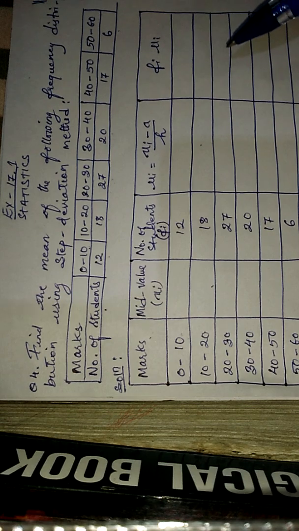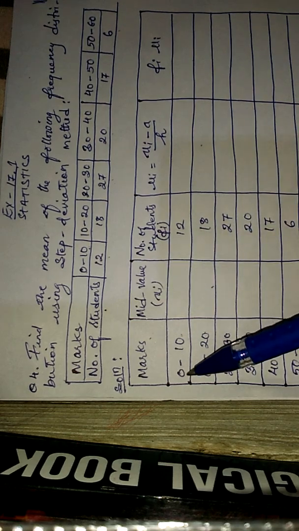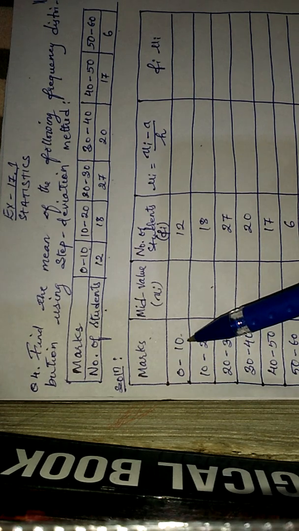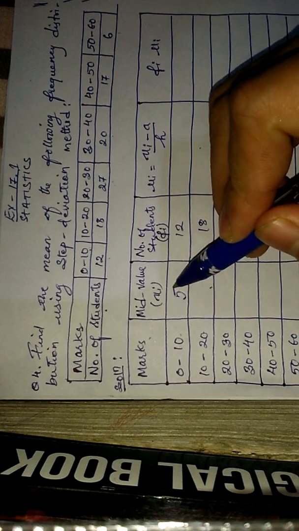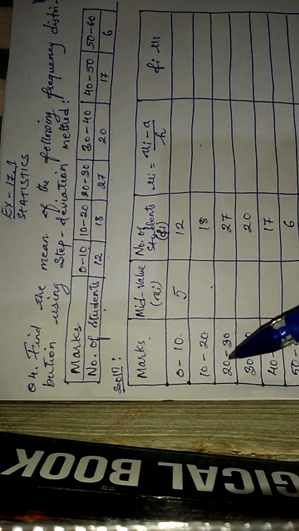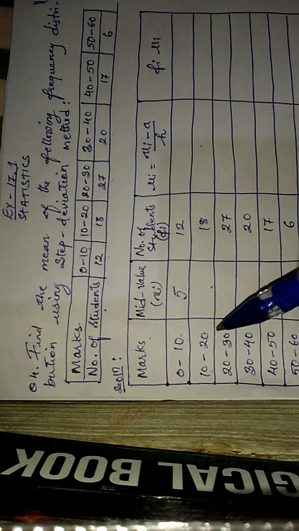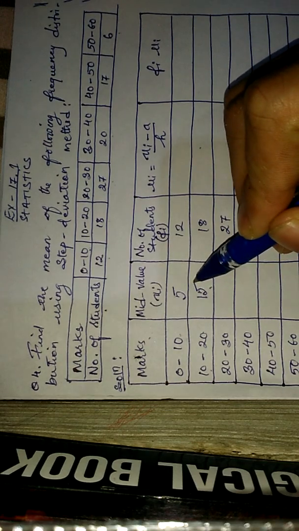Okay, let's find the mid values first. Let's add the lower limit and upper limit of each class. 0 plus 10 is 10, divided by 2 is 5. The first mid value is 5. 10 plus 20 is 30, divided by 2 is 15. The second mid value is 15.